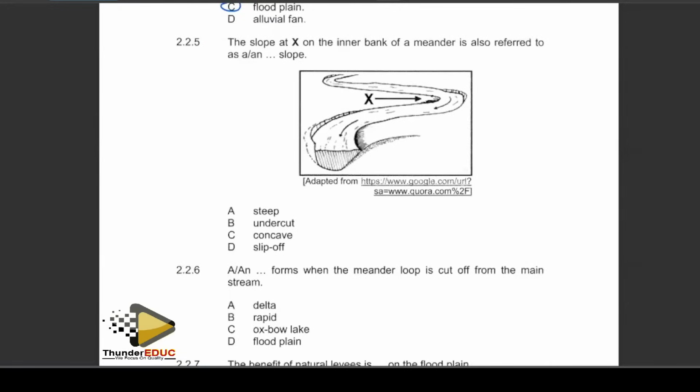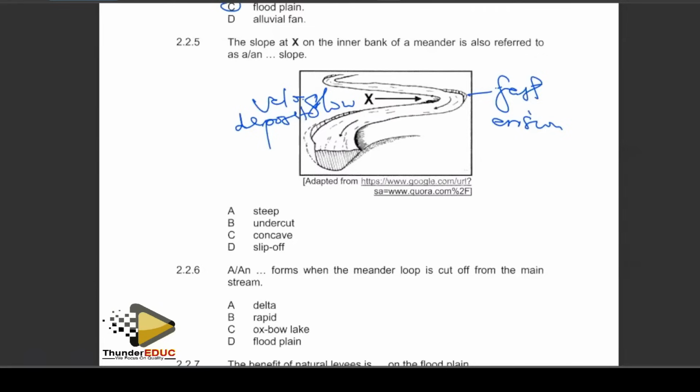The inner, that is where there is slow velocity of flow. The velocity is slow here, while it's fast there. Meaning to say, because of its fastness, there is erosion taking place. And here, because of its slowness, there's deposition taking place.